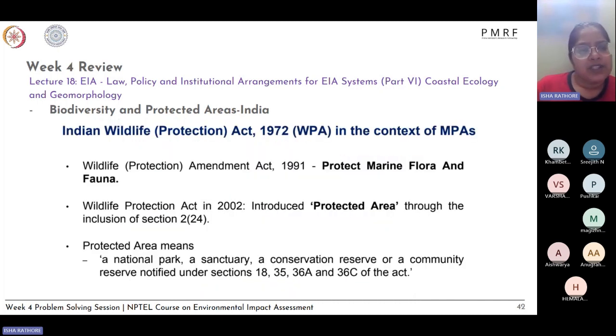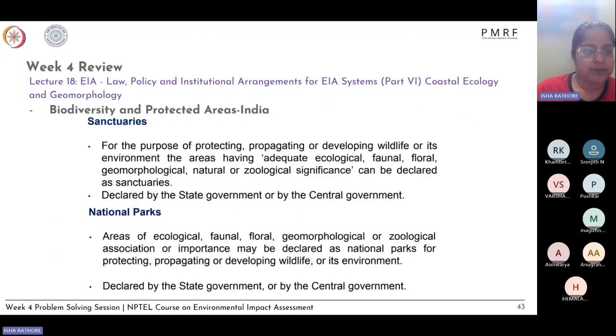Then we also looked up at the Indian Wildlife Protection Act of 1972 in the context of marine protected areas. So we had the Wildlife Protection Amendment Act of 1991 to protect marine flora and fauna. The Wildlife Protection Act in 2002, which introduced protected areas through the inclusion of a particular section. So protected area means national park, sanctuary, conservation reserve, or a community reserve, which is notified under different sections of this act. Okay.